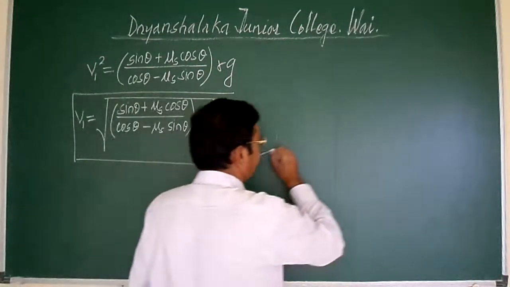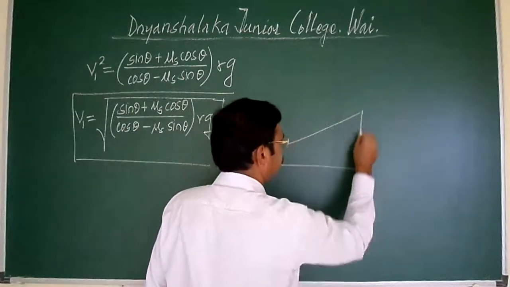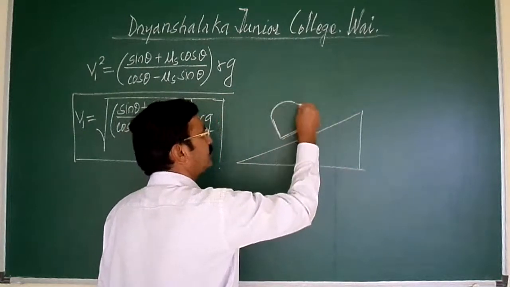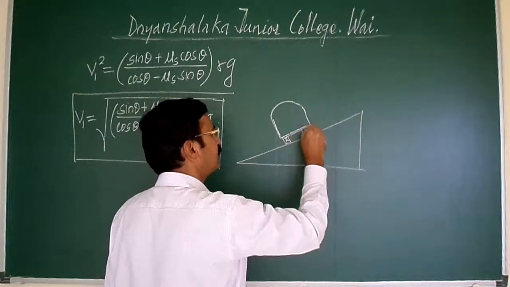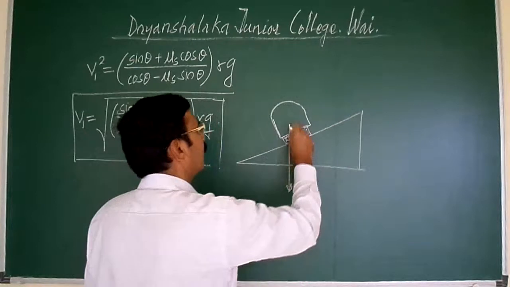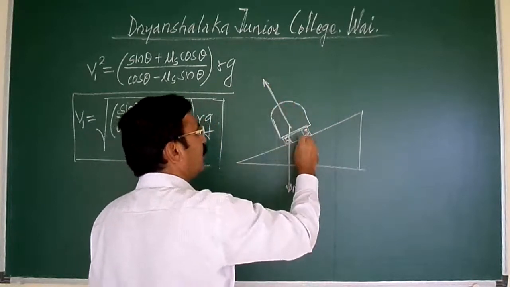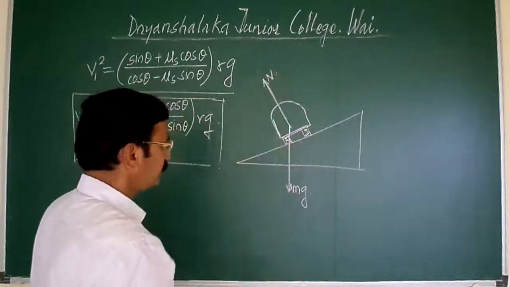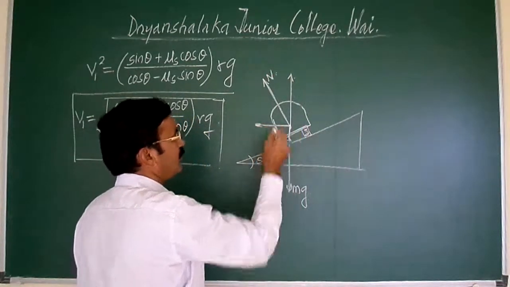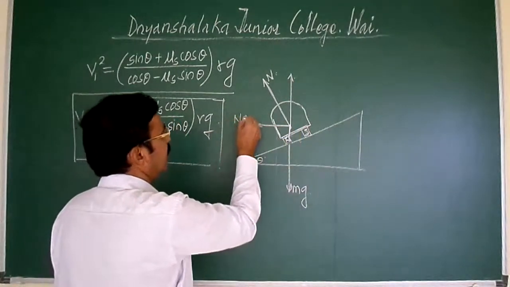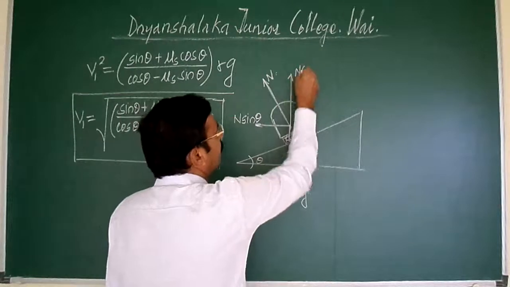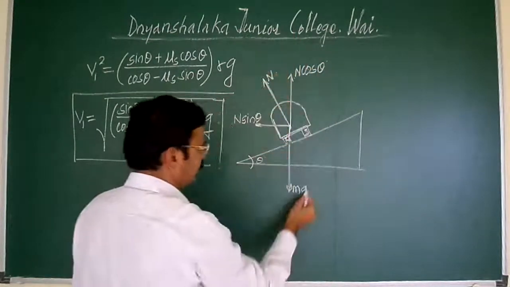For minimum speed, the forces can be resolved as again mg acting vertically downward, n will be perpendicular to the road, we will resolve the normal reaction as n sin theta acting to the left and n cos theta acting vertically upward, which will be balanced by mg.